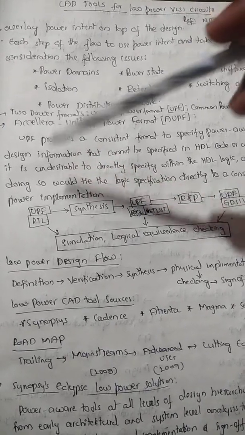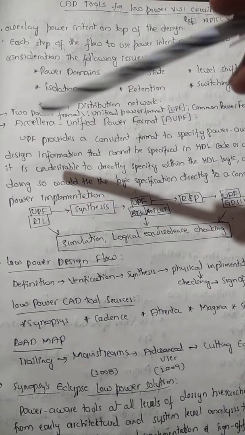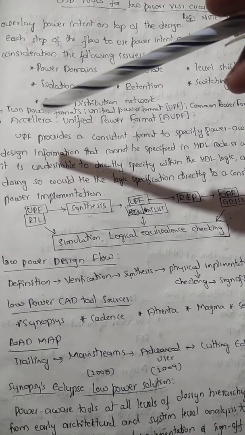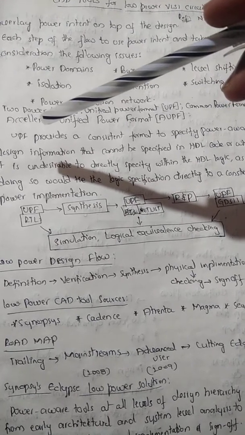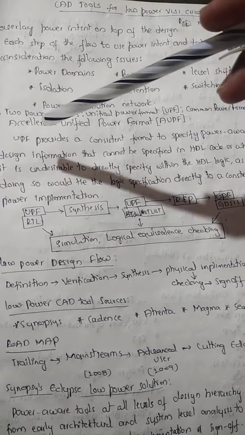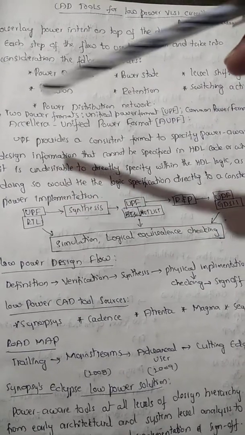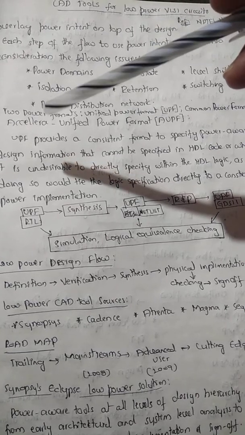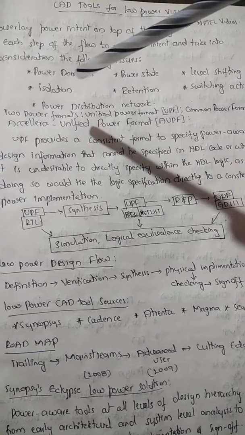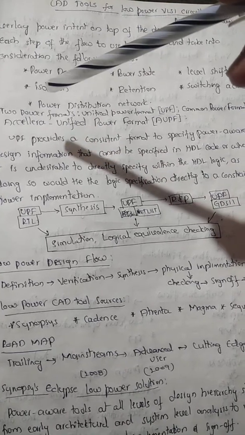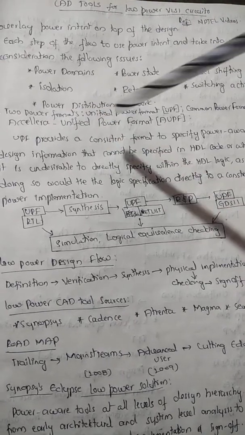Commonly used techniques like reducing the switching activity, bus encoding, clock gating, and finite state machine assignment are also not available. Without using the CAD tools, all the low power techniques are not going to come into existence. So how can we overcome this?